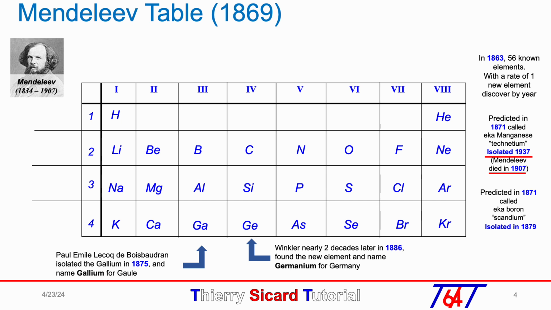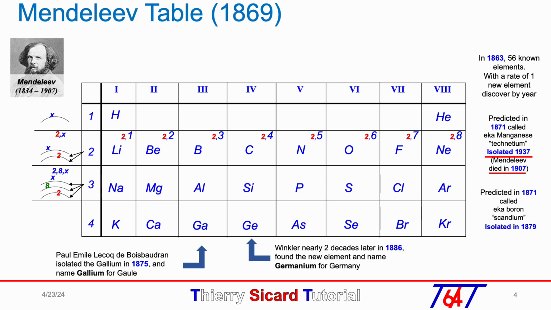The choice of line and column was a smart choice because in 1869 they didn't know about the electron shell. But in fact, the first line represents the elements with a single shell filled with 2 electrons, for hydrogen and helium. The second line represents the elements with 2 electron shells, the second one filled with 8 electrons.